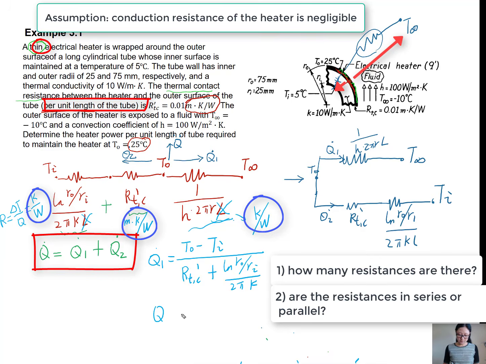Q2 is T naught minus T infinity divided by 1 over h 2 pi Ro. Plug this back to the equation, we can find Q dot.